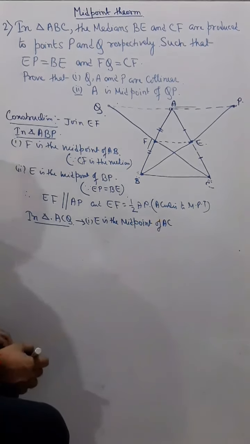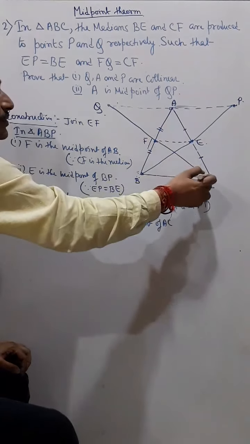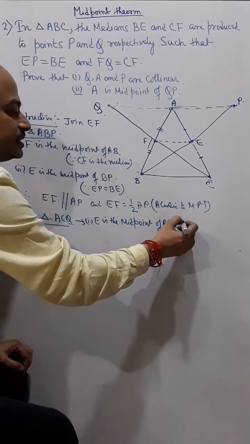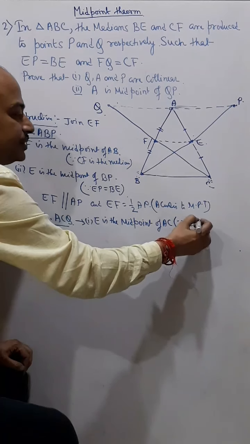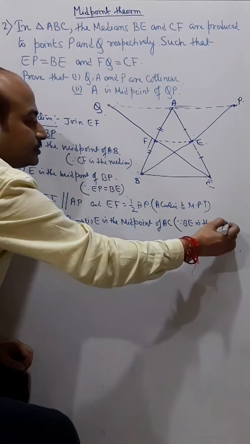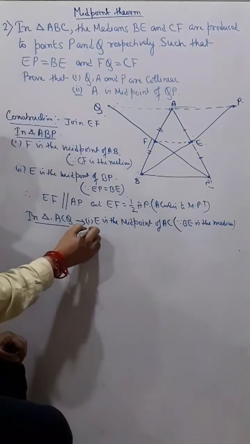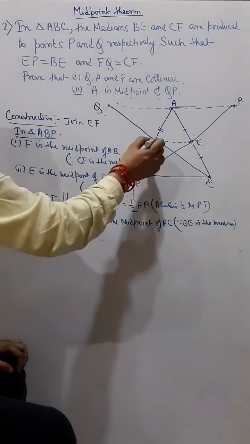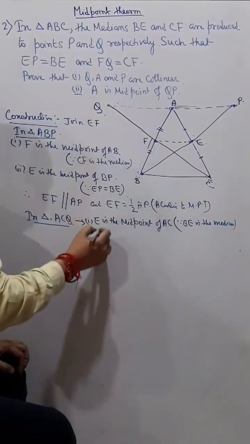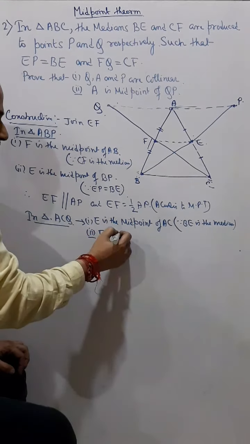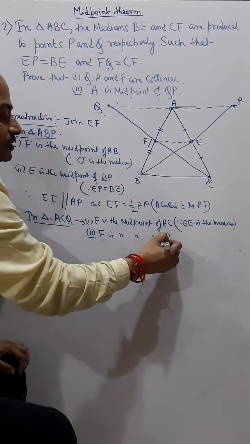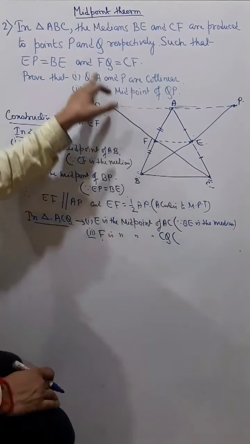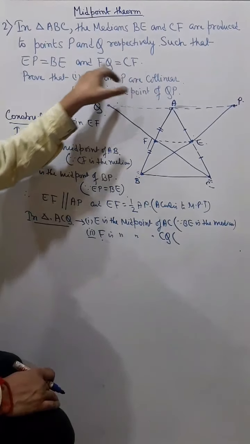Why? Because BE is the median. And similarly number 2, we can say that F is the midpoint of CQ. Why? Because here it's given that FQ equals CF.